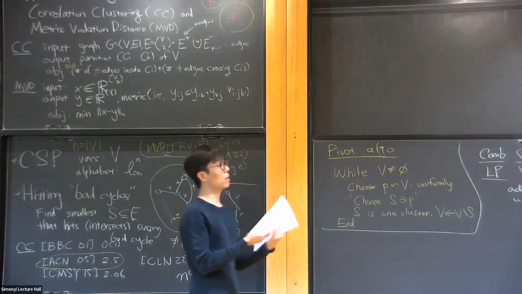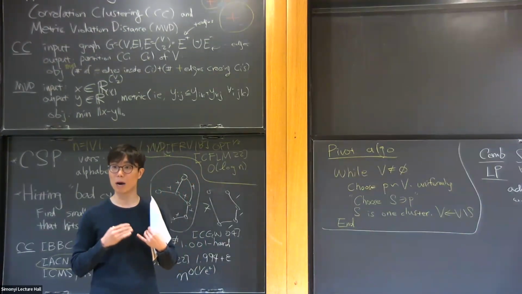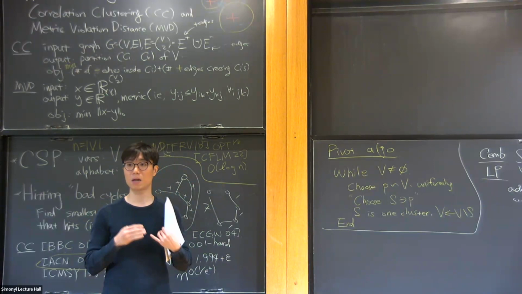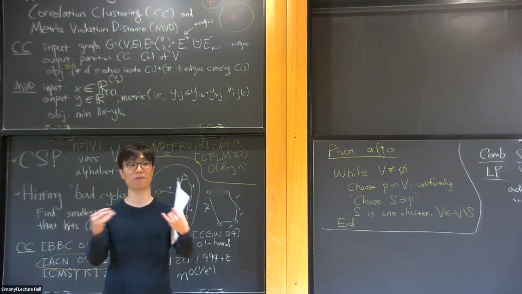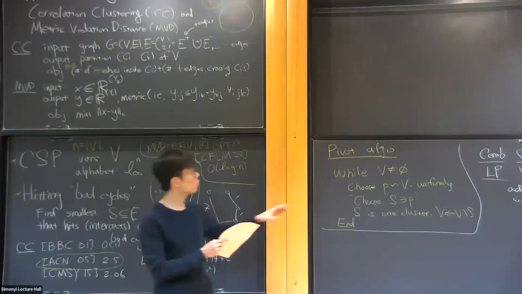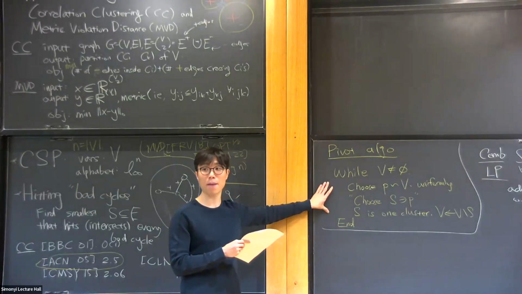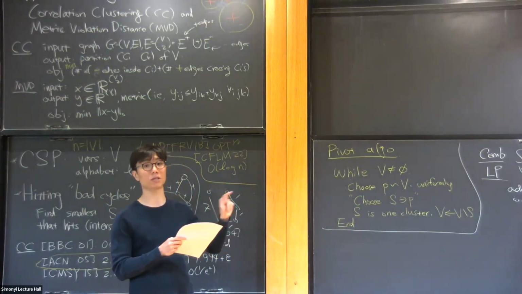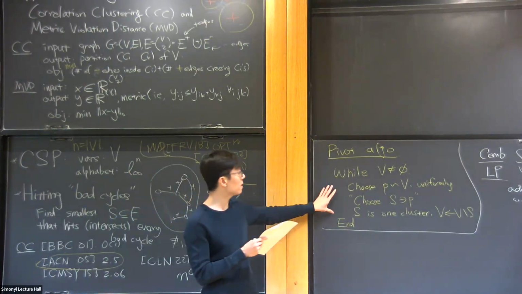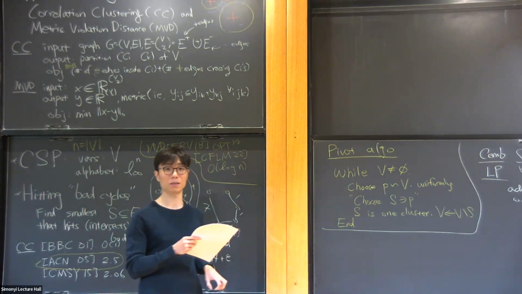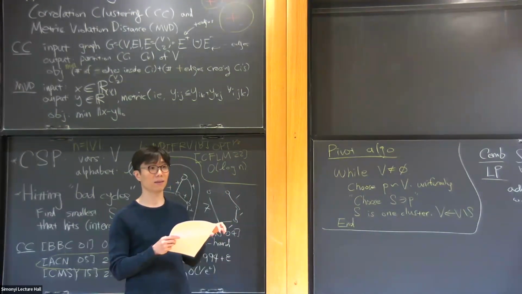Okay, so in the beginning our cost is 0 so far, and our instance contains some LP value. But as we proceed, we're going to make decisions. We're going to take some set and take that as a separate cluster. By doing that, we might violate some edges.